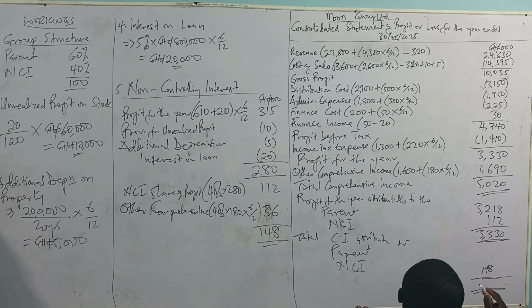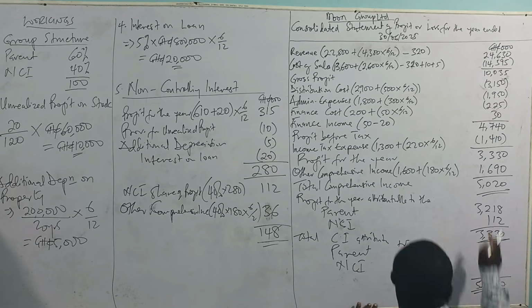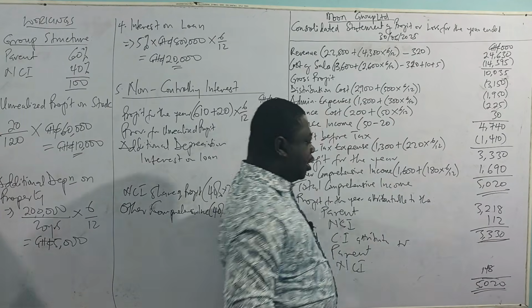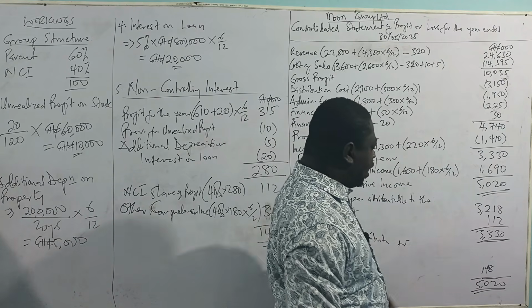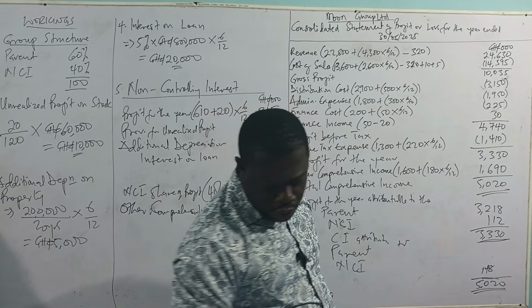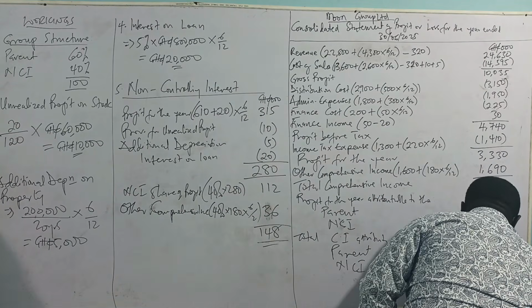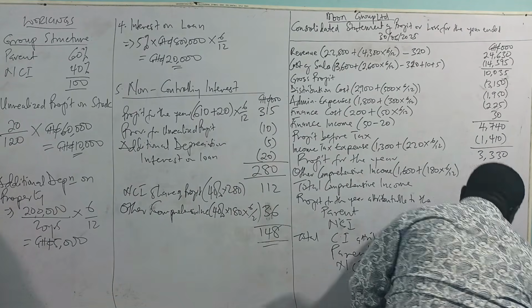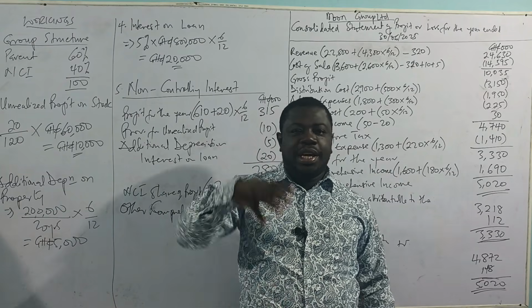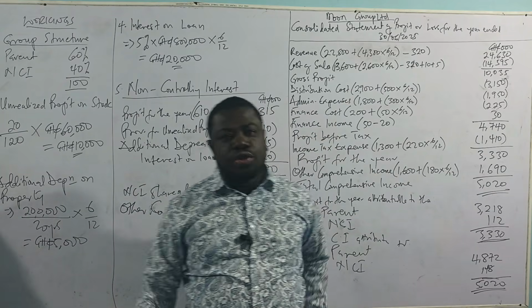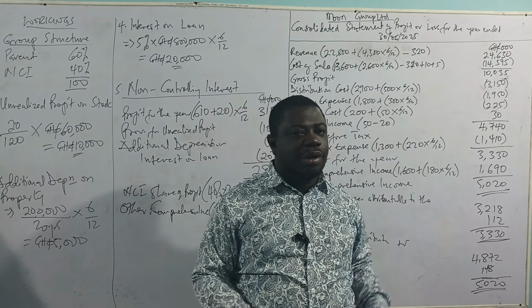We already know the total comprehensive income as 5,020 from the consolidated statement of profit or loss. So if that of NCI is 148, the difference on the balancing figure will be for the parent, which is 4,872. And so, ladies and gentlemen, this is how to go by the consolidated statement of profit or loss.